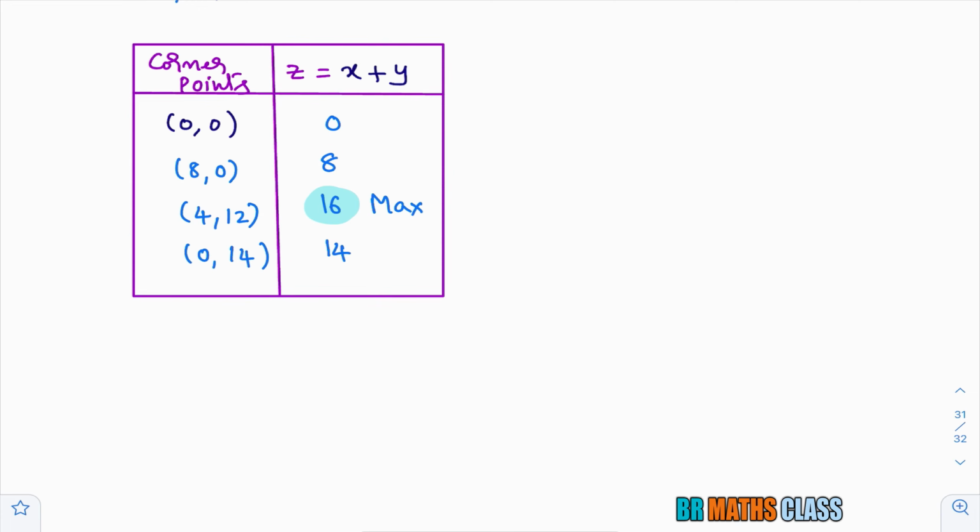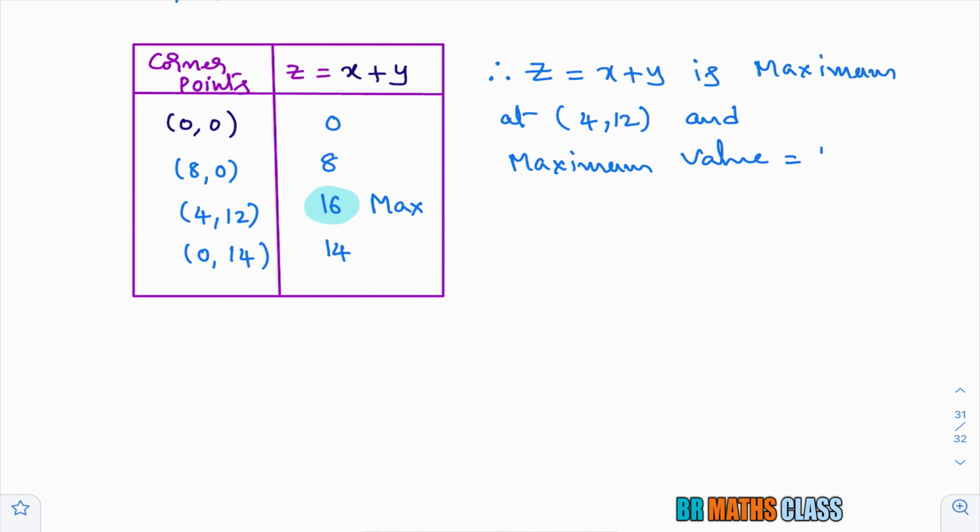So I'll write here: as the feasible region is a bounded feasible region, from the corner point table only we can declare where the objective function is maximum and what its maximum value is. So this is the solution for the first bit. Z equal to x plus y is maximum at 4, 12 and the maximum value is 16.